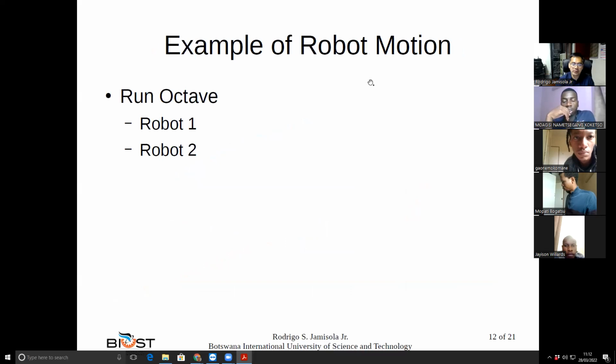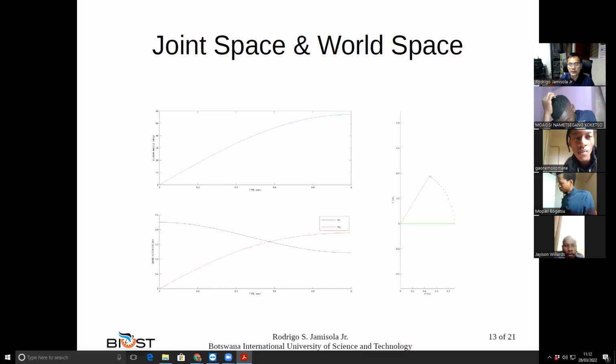So that's why we come up with a very simple example of a 1 degree of freedom robot, which we have shown here. So we say that the 1 degree of freedom robot goes from flat going up, and this is the angle that the robot moves for the 1 degree of freedom rotational joint on the plane.